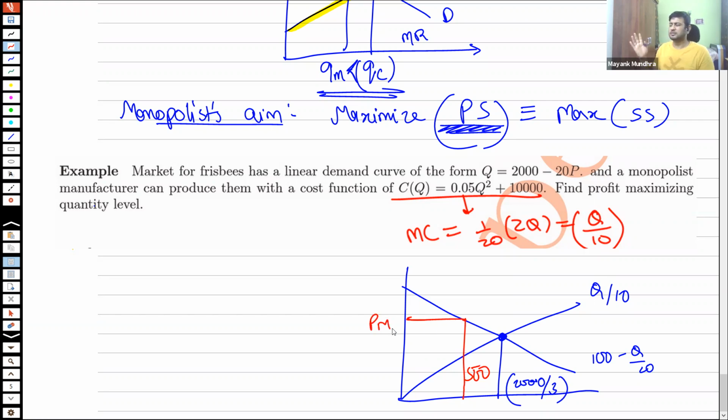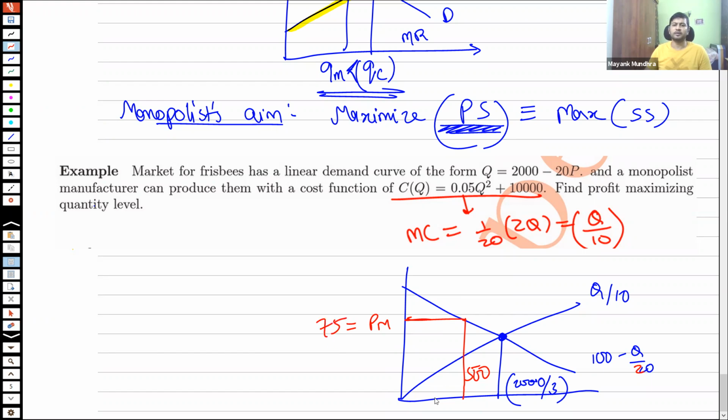In first degree price discrimination, there's no price as such, because different consumers are being charged different prices. So there's no talk about what's going to be the price here. But this was the price of the monopolist in the previous case, which was 75.